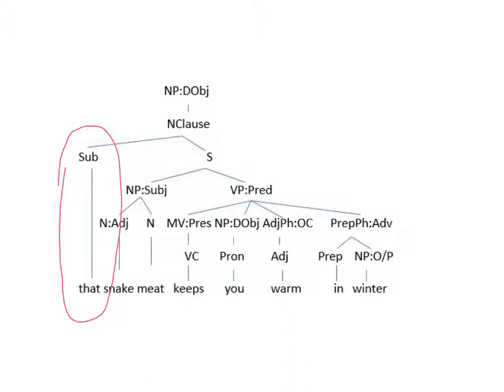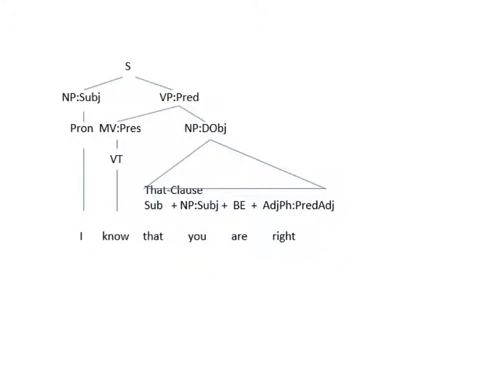Still, the tree diagrams are becoming a hassle. So here's what I would suggest. Take a simple sentence, for example: I know that you are right. This is another sentence with a that clause, which in this case functions as a direct object.